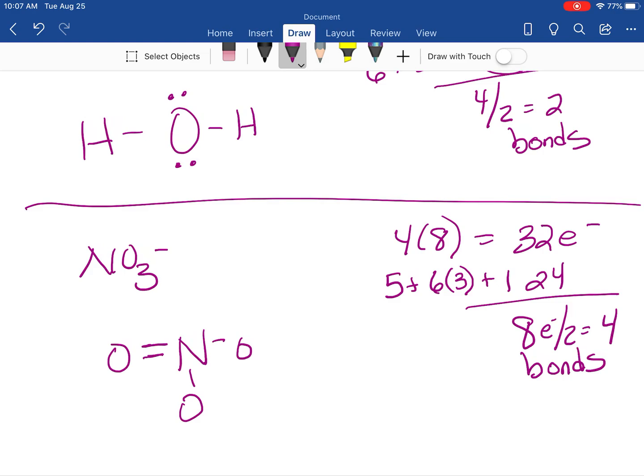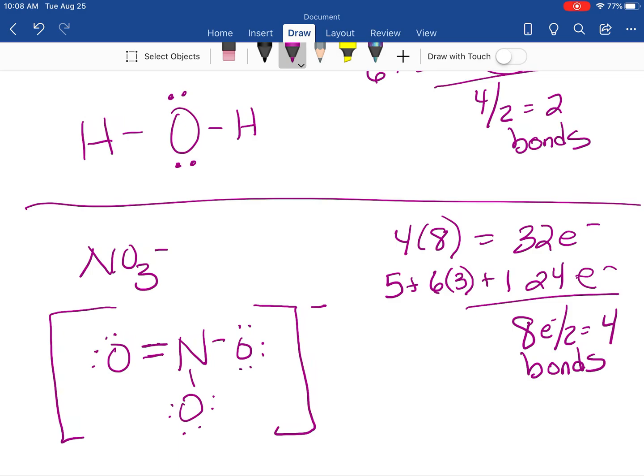So now let's check, everyone. Nitrogen looks like it has 8 electrons around it, but the oxygens are lacking in a big way. So we're going to add them. And then here, 2, 4, I only need 4 more. Okay, if it is an ion, we put it in brackets, and we put the charge outside. Now, I want to count all the electrons around and make sure I get 24.